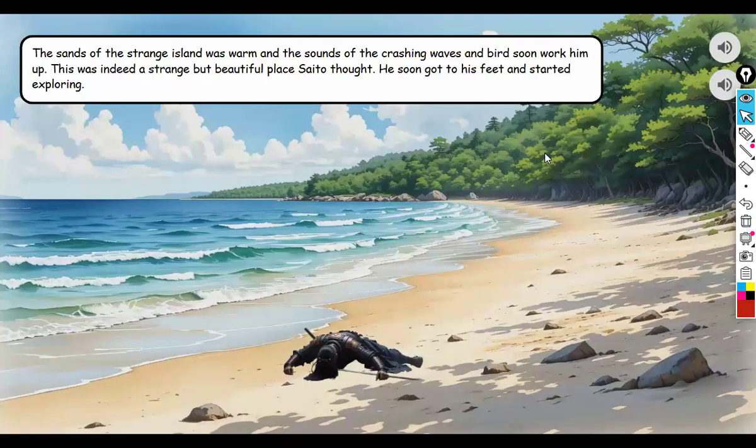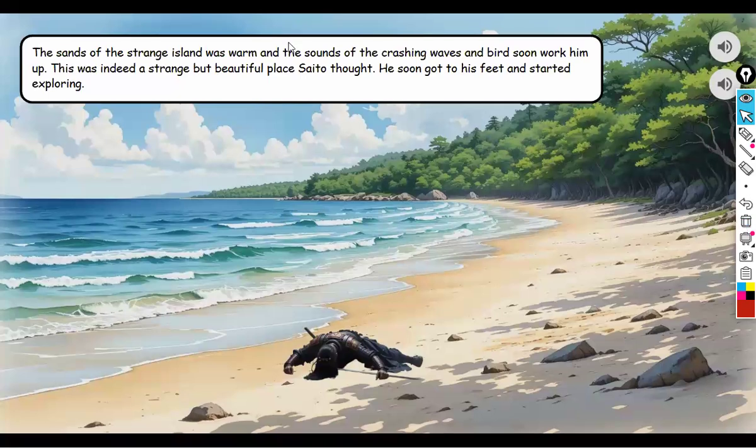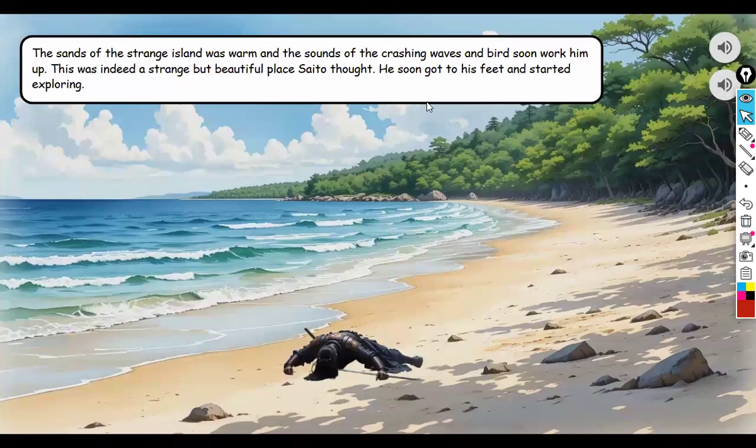All right, let's continue the story here. So our hero washes up on the shores of an isolated island, an abandoned island, whatever you want to call it. Right, and apparently he got robbed by a crab who stole his wallet.